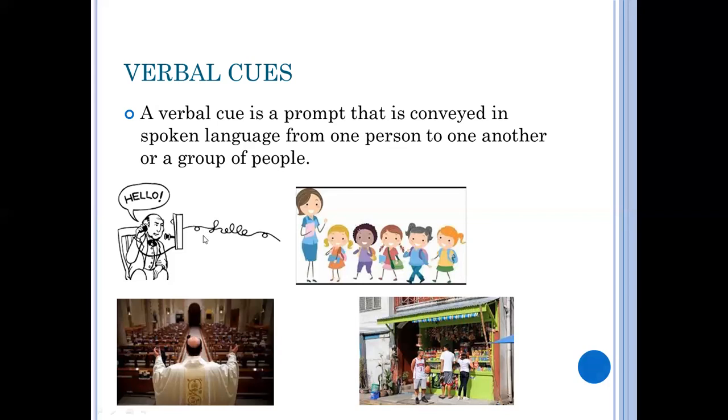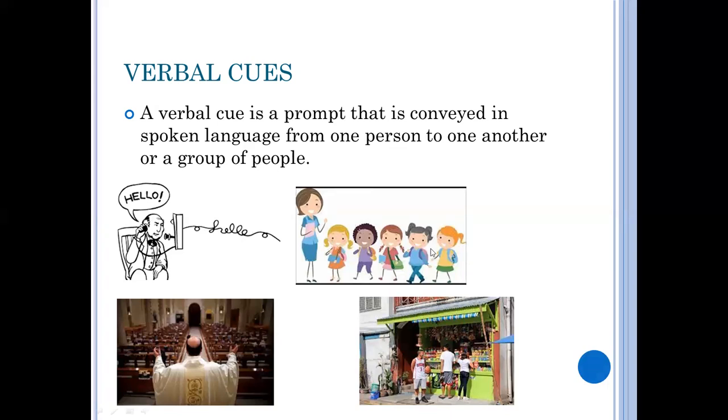We have answering the phone with a hello. Hello is a verbal cue because it indicates to the caller that he or she should respond. If you are talking to someone on the phone and someone had called you and said hello, it is your instinct to respond to the caller. We also have here an example, a teacher talking to her students.